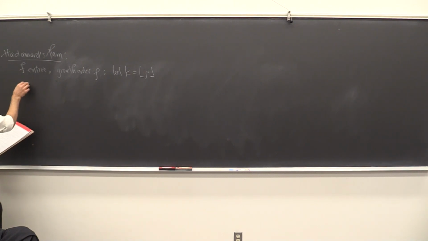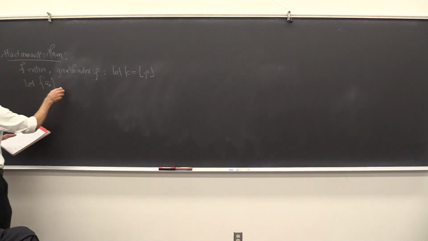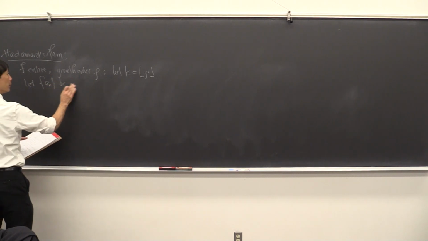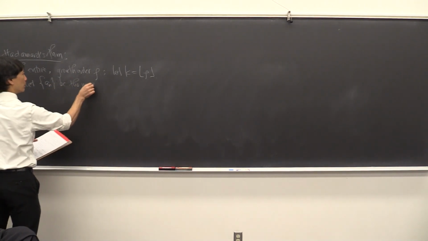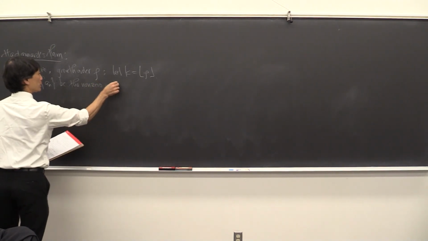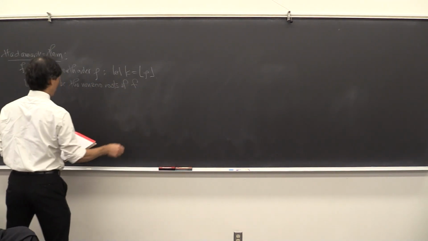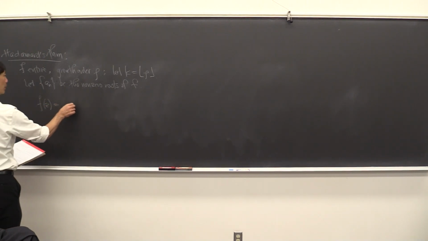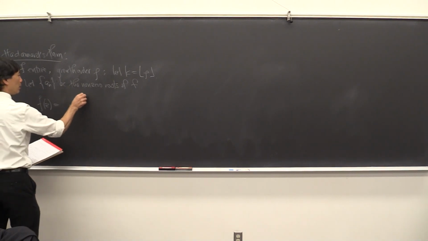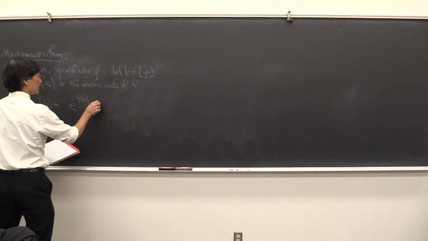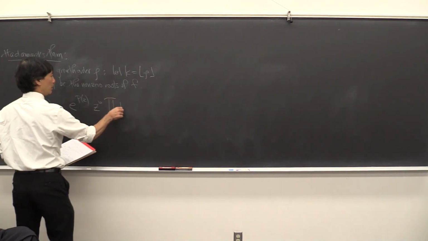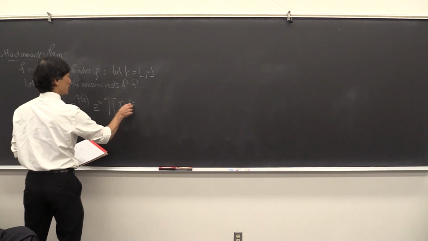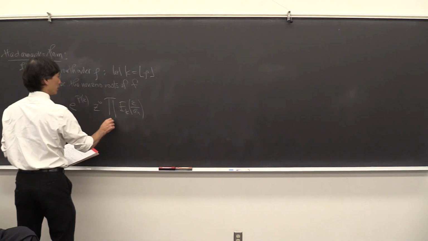Then if we let the a sub n be the non-zero roots of f, in that case, f can be written as e to the p of z times z to the m times the product of E sub k of z over a sub n, n goes from 1 to infinity.